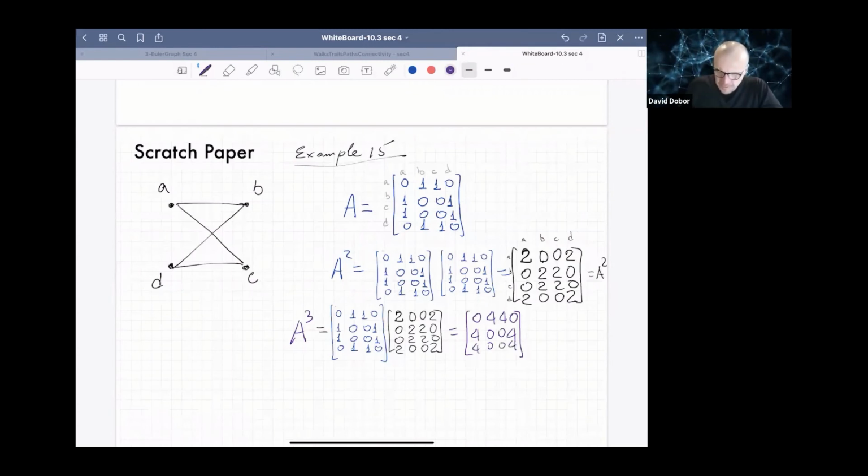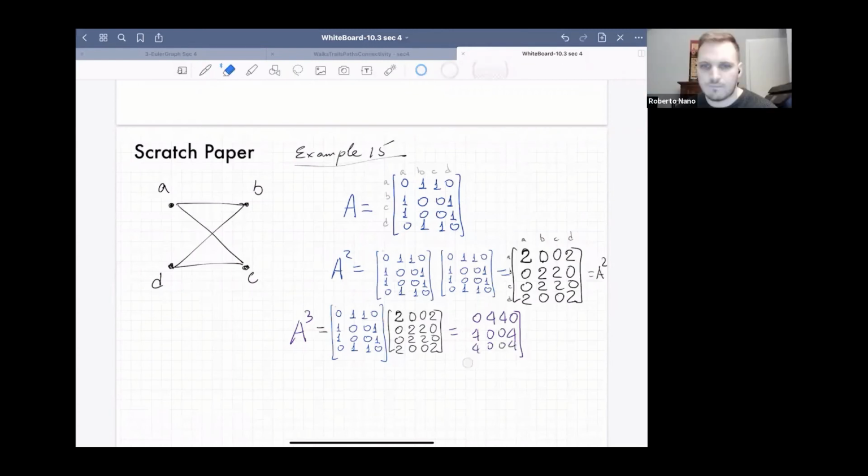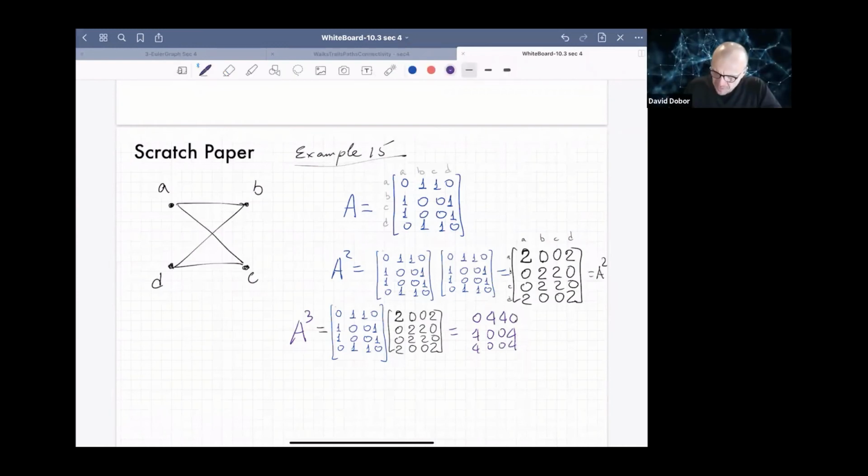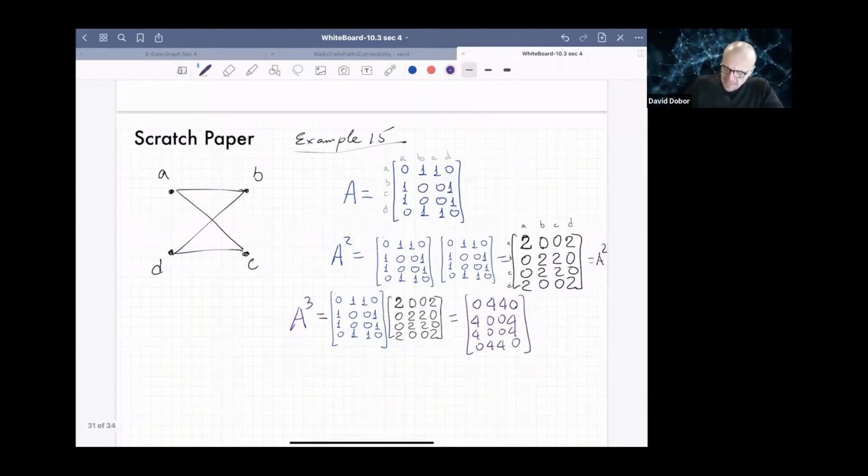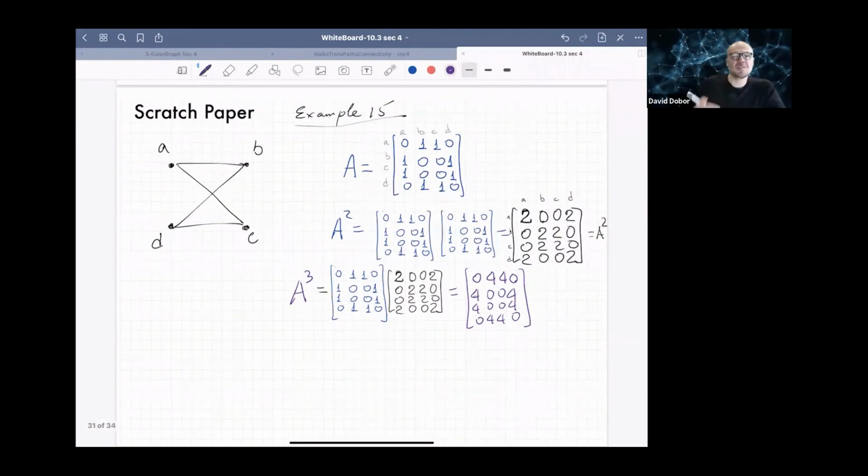You might detect the pattern now, but we're not that concerned about this pattern. There's something else we want to see. It's a nice pattern emerging, but that has to do with the structure of the graph. While we're at it, let me also compute A to the 4th.